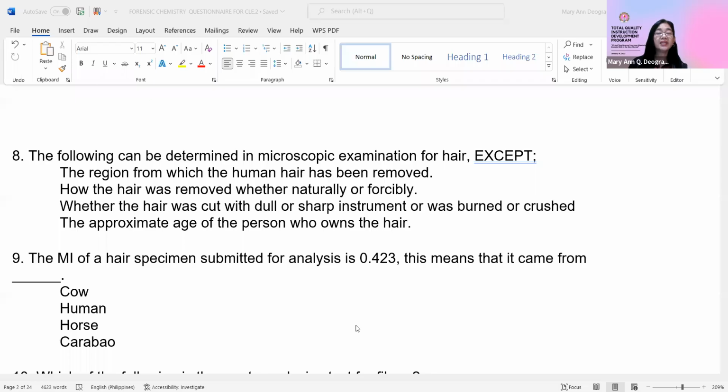Medullary index equals diameter of medulla divided by the diameter of the whole hair. So computation yan. That's one way of determining whether hair came from human or animal, ang MI. MI of human hair is less than 0.5 and most animals are more than 0.5. Ang given natin ay 0.423, meaning that is a human hair.